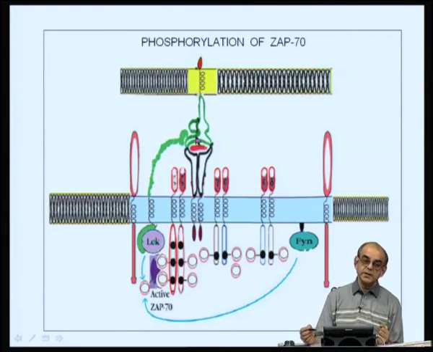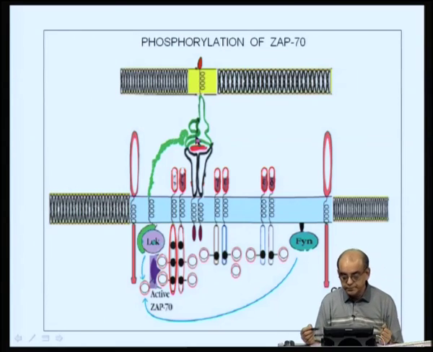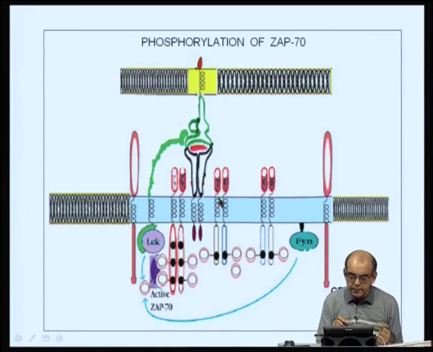So, what is this T cell activation process? If you look at the T cell surface, in addition to the different subunits that you saw in the previous slide, this is the alpha beta subunit of the T cell receptor, and then you have the zeta subunit followed by the other subunit, all of them represented in these black ovals as the ITAM motifs. Now, you see they can be phosphorylated, which is indicated by these white ovals over here.